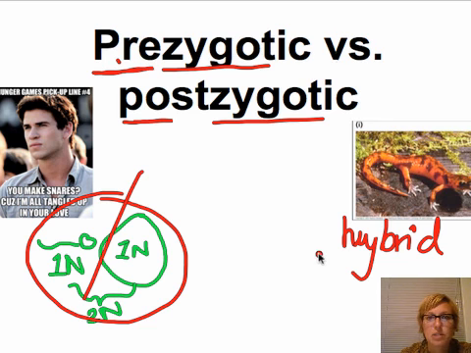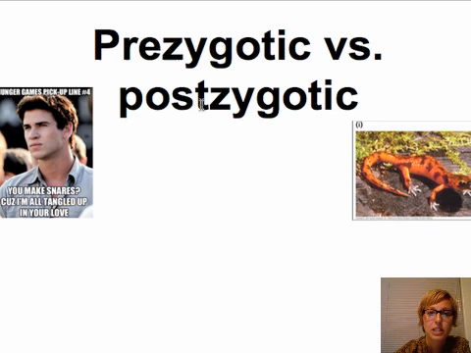Because it is a cross between two species, we get some issues there. So we're going to look first at these pre-zygotic barriers. There's 5 different types, so let me just go through those and give you an example for each.